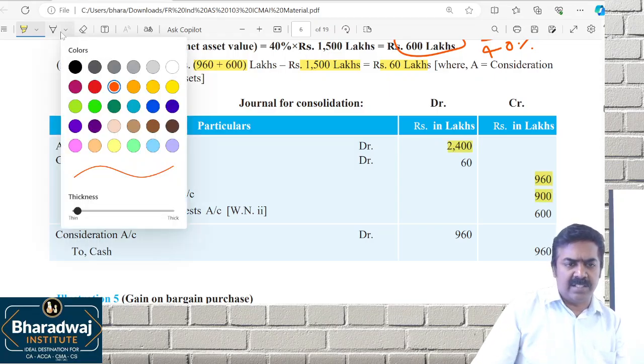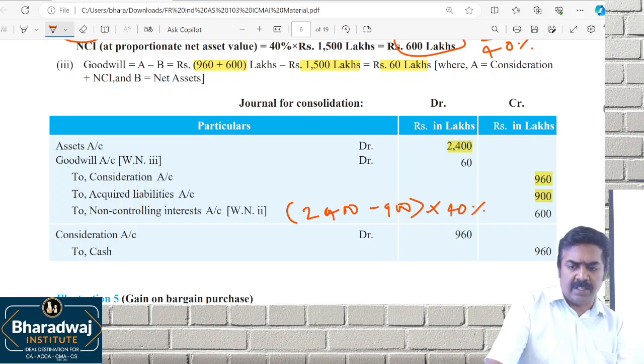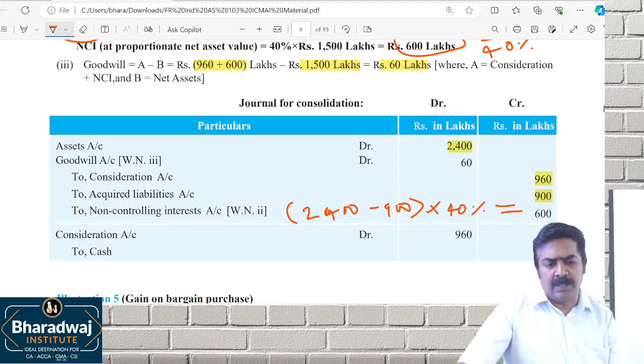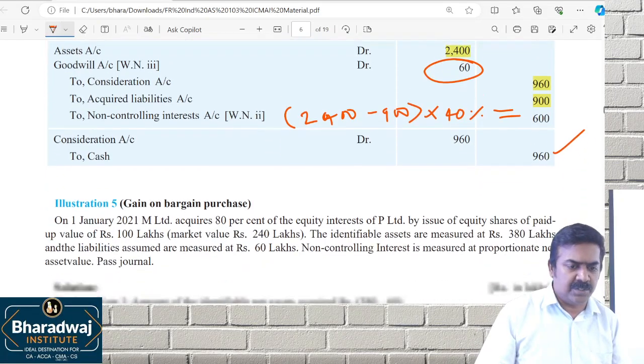Direct NCA value we can work out. Asset minus liability, 2,400 minus 900, into how much percentage? 40% is 600. Goodwill can be taken as a balancing figure. And the consideration is paid in what? Cash. Consideration is paid in the form of cash.